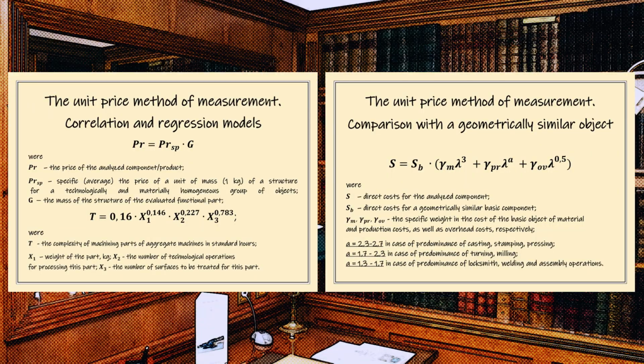Section 1.3. The unit price method, the method of complex technical and economic parameters, or CTEP method. Section 1.3.1. General description of the methods. Initially, I didn't plan to consider an example of a product calculation formed by the method of combined technical and economic parameters or unit price.